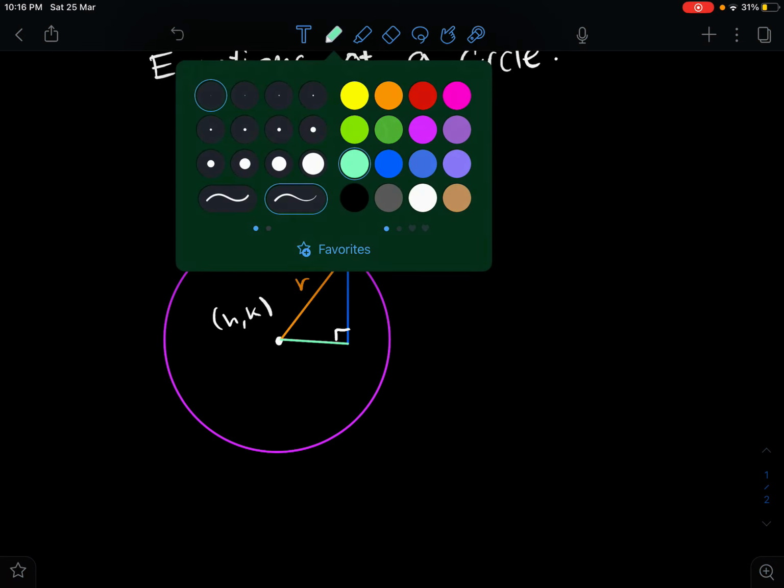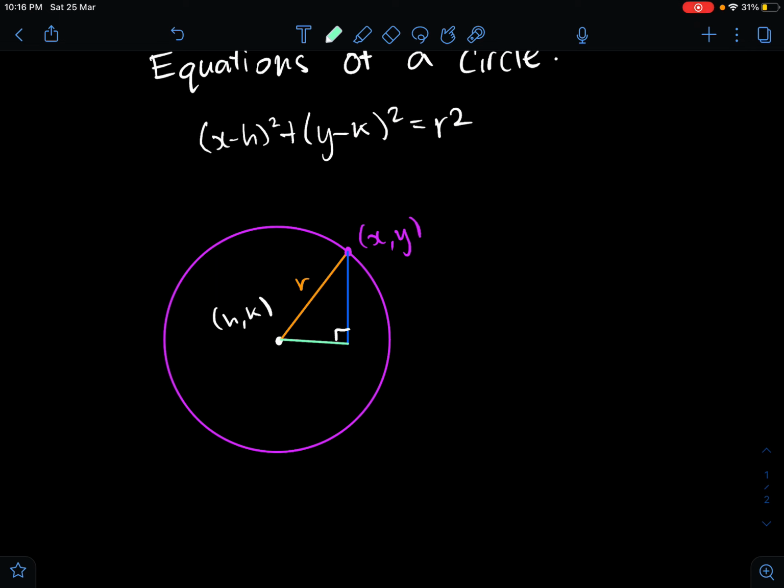So this horizontal length, to start off with, if this is x up here, and this is h over here, we're going straight down in line with the x value. So this x value is the exact same. The y will be different.